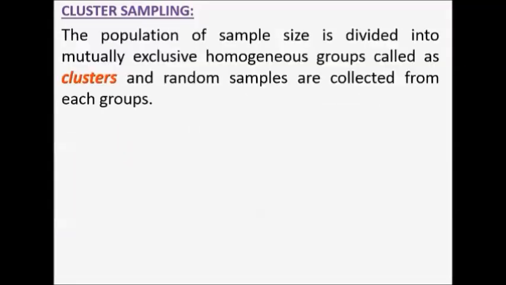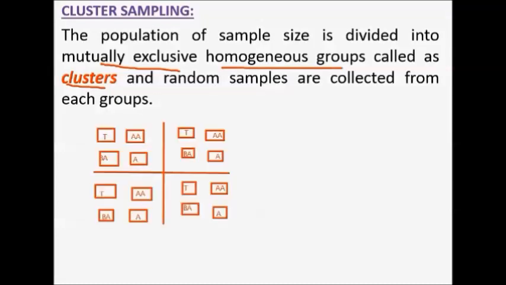Next we have cluster sampling. It is just the opposite of stratified sampling. The population or sample is divided into mutually exclusive homogeneous groups called clusters, and random samples are collected from each group. So in cluster sampling, such mutually exclusive but homogeneous groups are formed.